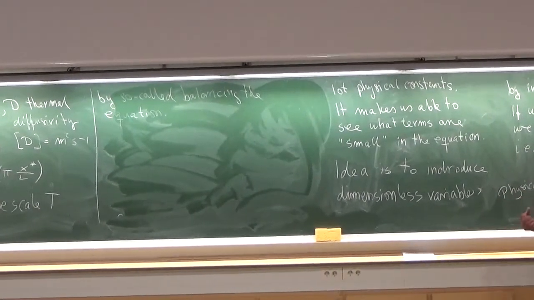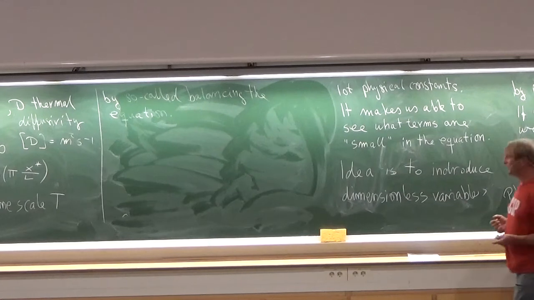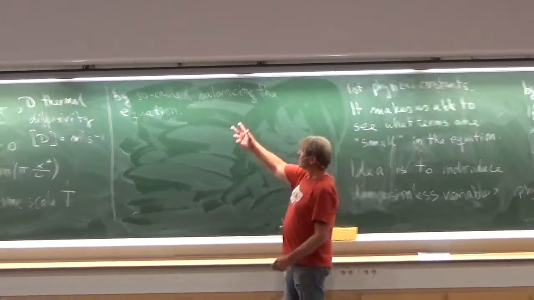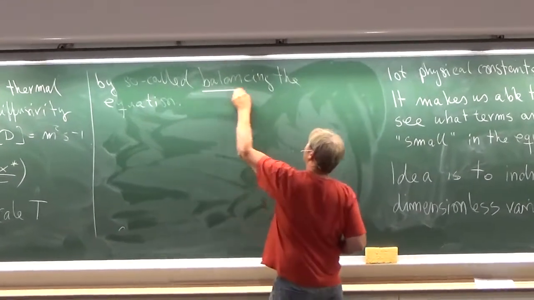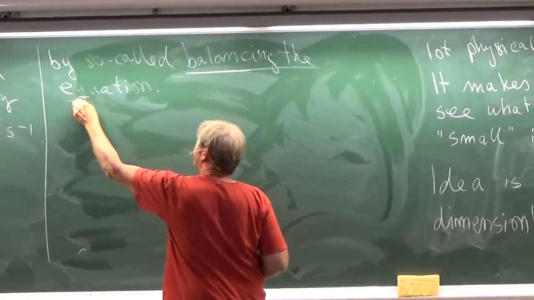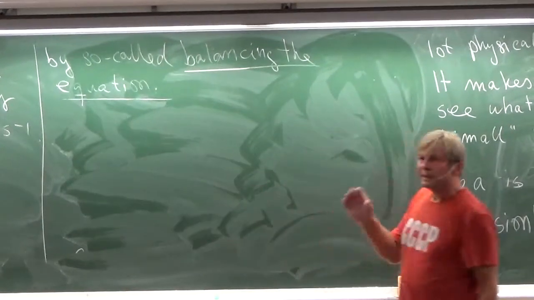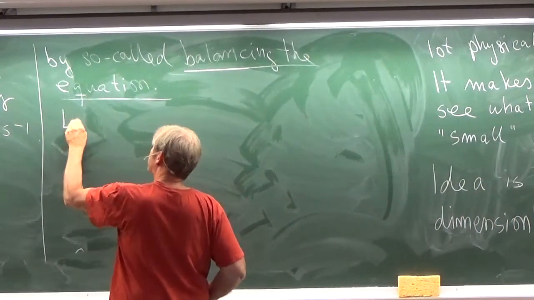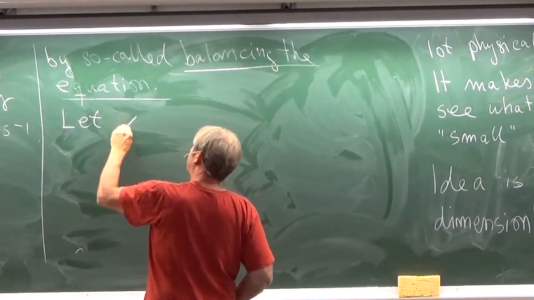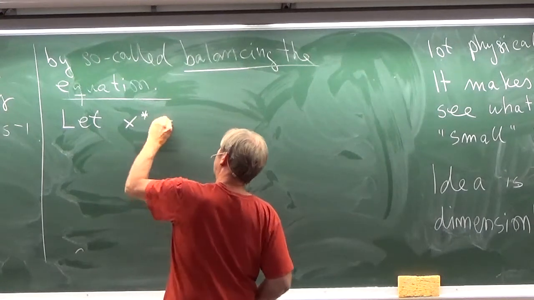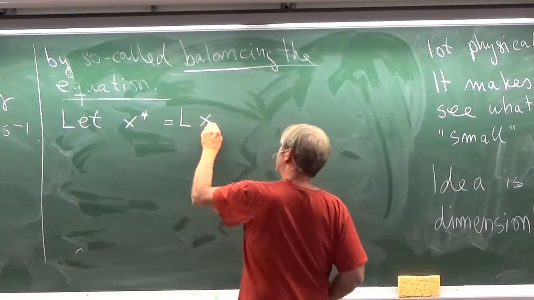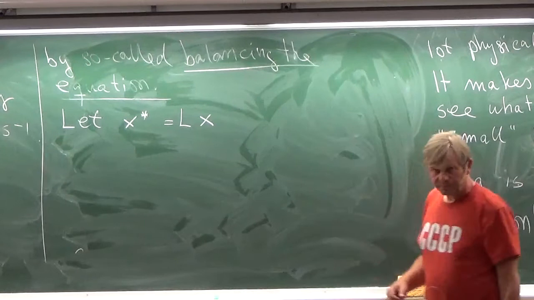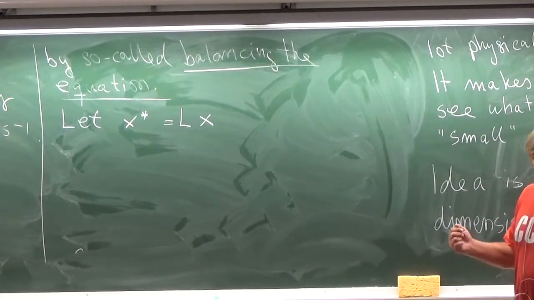That would be something that we really don't know yet. So what we do is balance the equation. I'll show you how. The length scale is obvious. Let x star equal L times x. That's a parameter we know for a given problem.